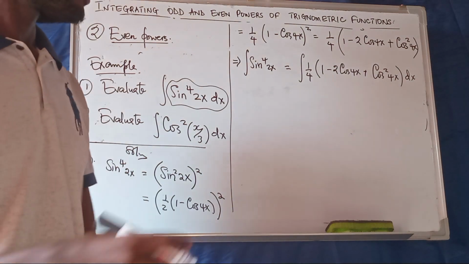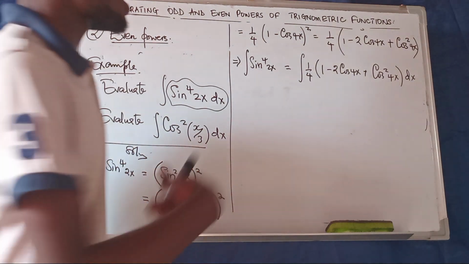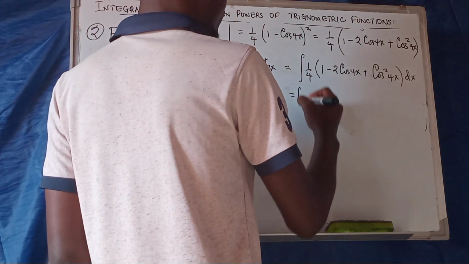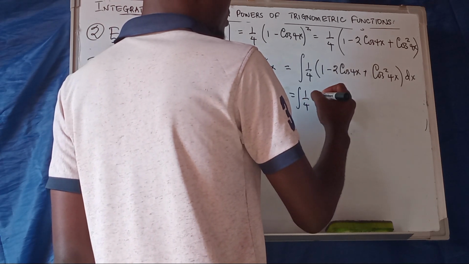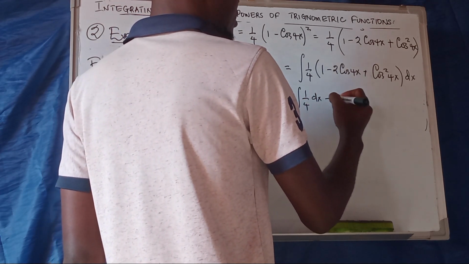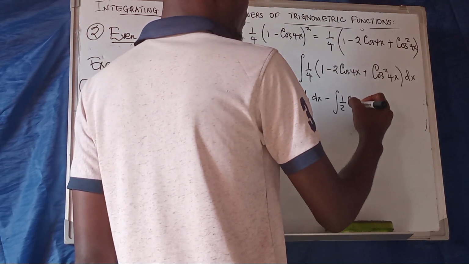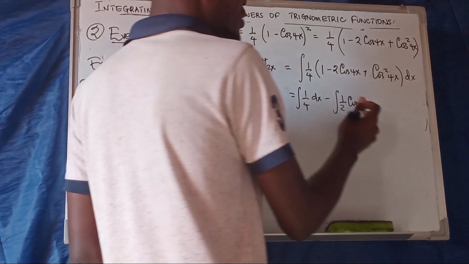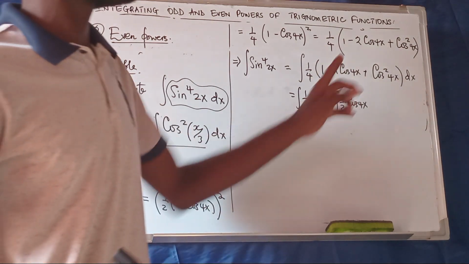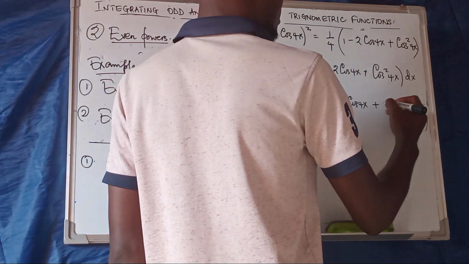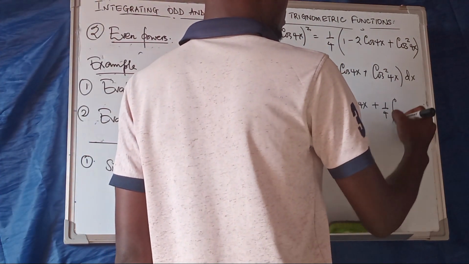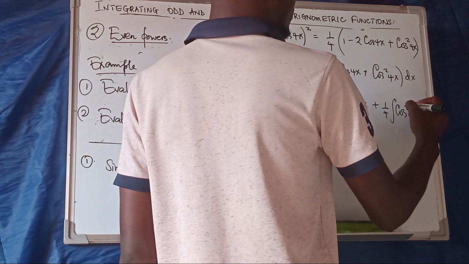So we can split this integral into the integral of a quarter dx minus the integral of a half cos 4x. You know where this half is coming from. Then plus a quarter integral of cos squared 4x.